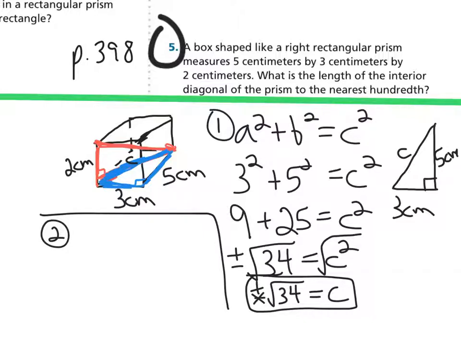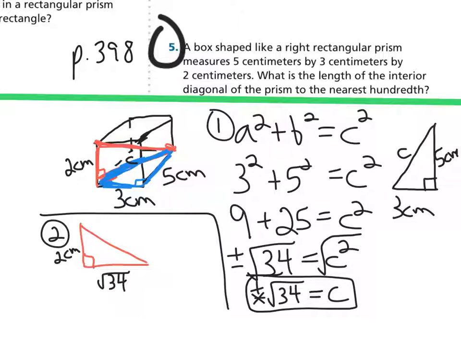And now I'm just going to draw out our red triangle again for you, so you can visualize this a little bit easier. We had the 2 centimeters. The diagonal at the bottom, what we just figured out, is the square root of 34.